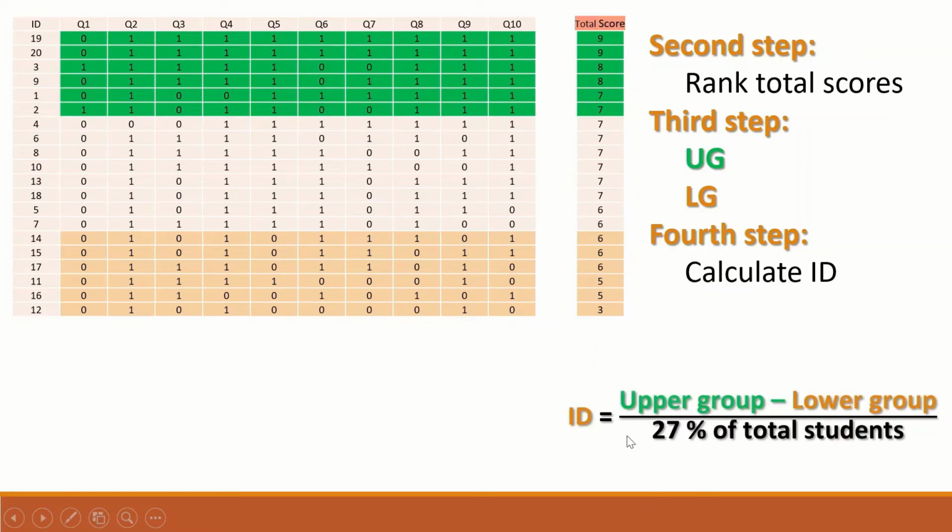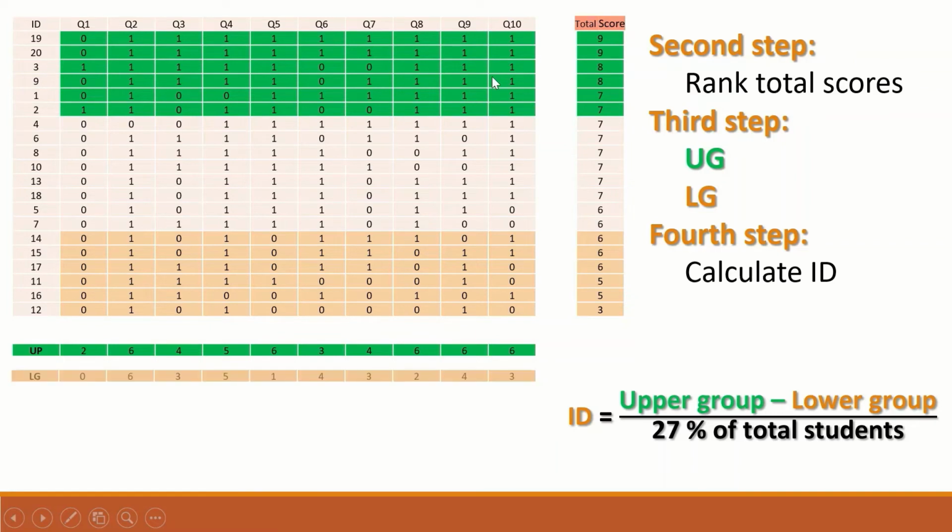Using the equation given below, and as shown in the rows, the upper group will have the scores of the first six students who scored highly. We count the number of correct answers for the first question, and it is found to be 2. The same is done for question numbers 2, 3, 4 up to number 10, where 6 students answered the question correctly.